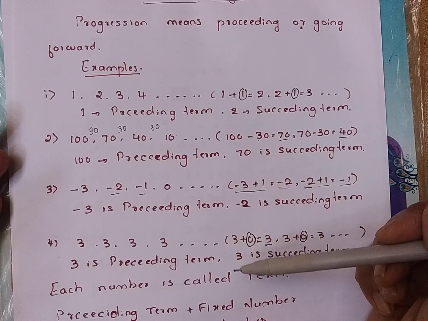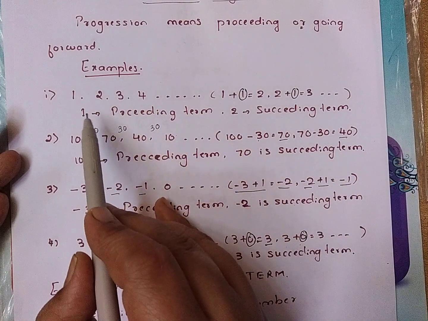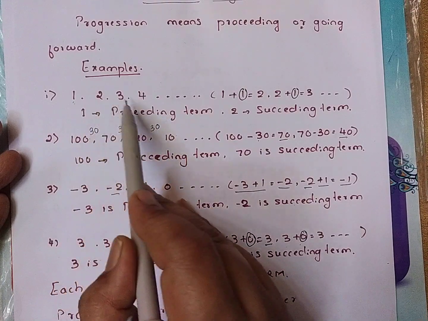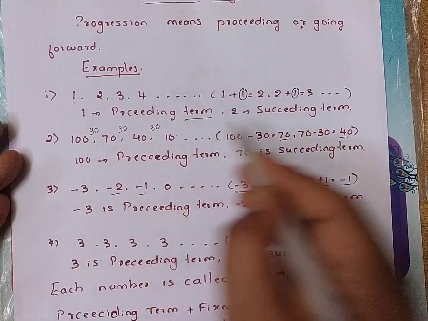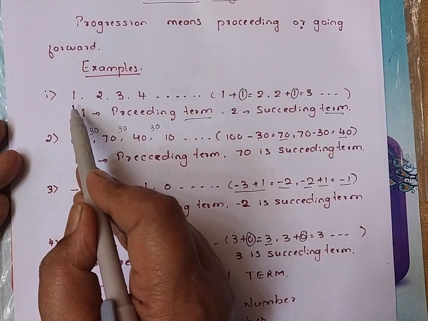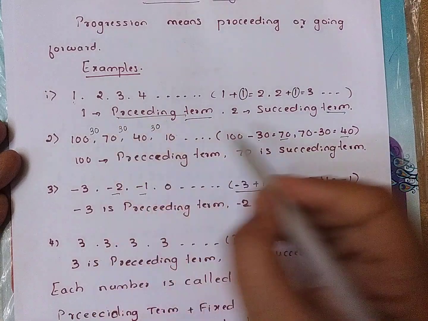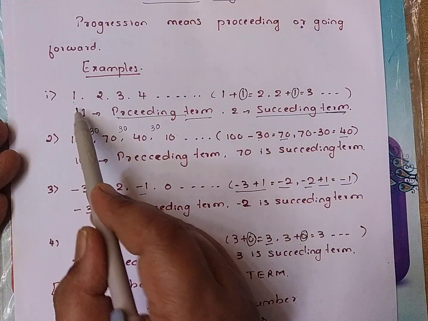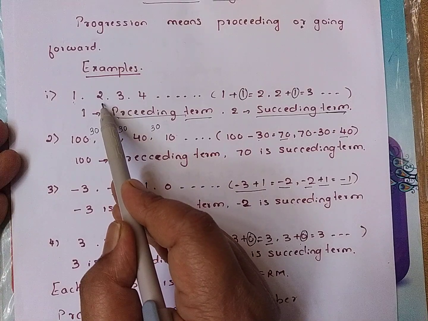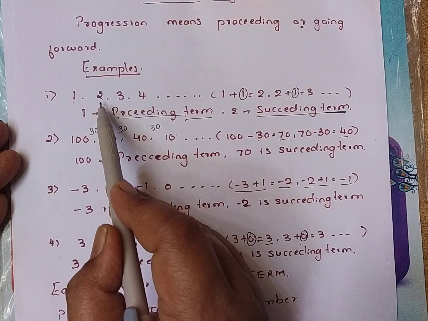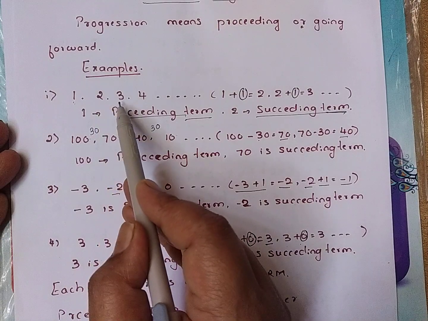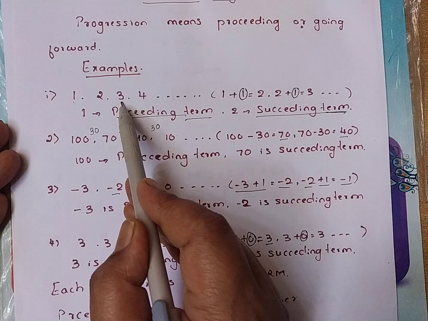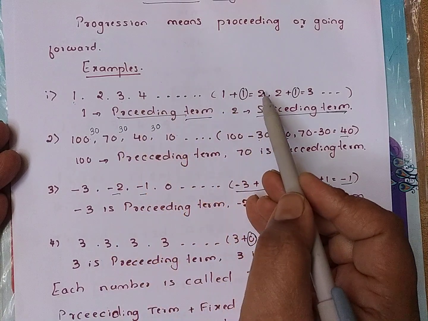Before giving the definition, each number is called a term. The first number is called the preceding term and the next term is called the succeeding term. Here 1 is the preceding term and 2 is the succeeding term. For 2, if 2 becomes the preceding term, 3 is the succeeding term. Similarly, if 3 is the preceding term, 4 is the succeeding term.